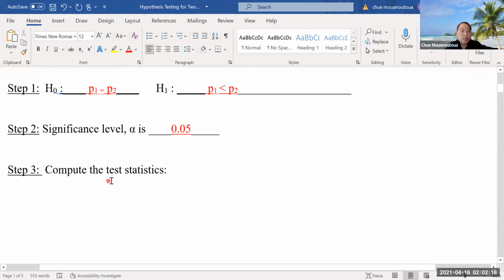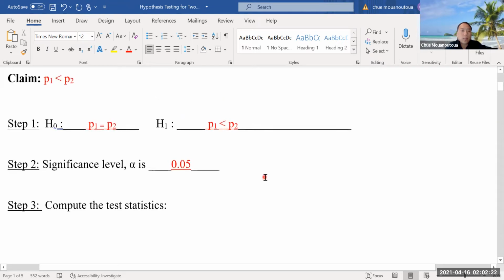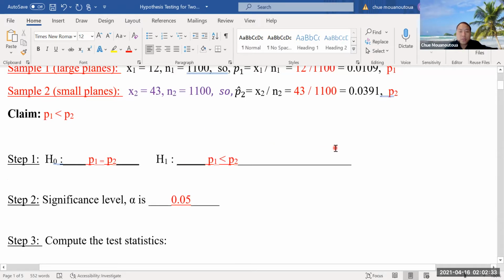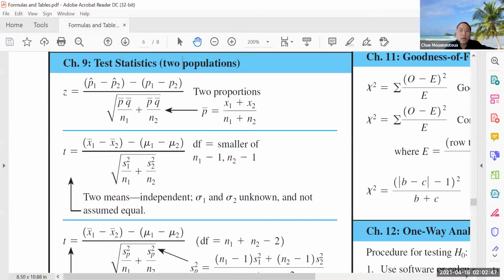Now, step 3, the test statistics. Again, we talk about two proportions. As I showed you before in the formula sheets, we look at the proportions, and we only see one formula for that, right?